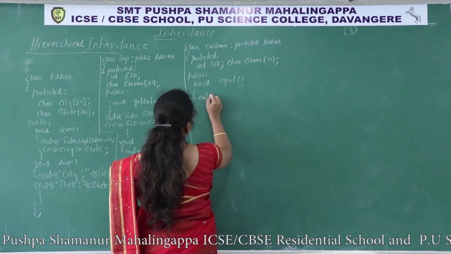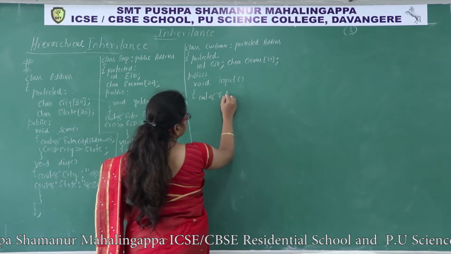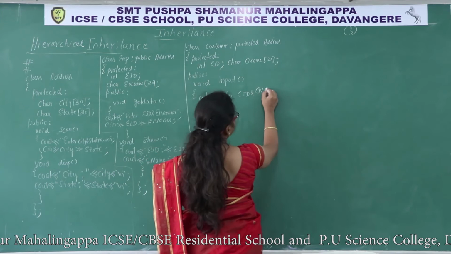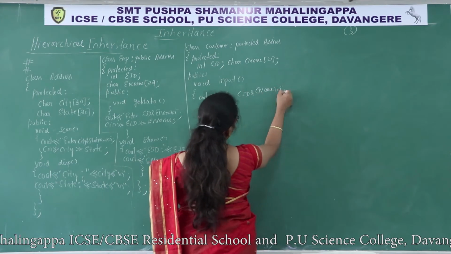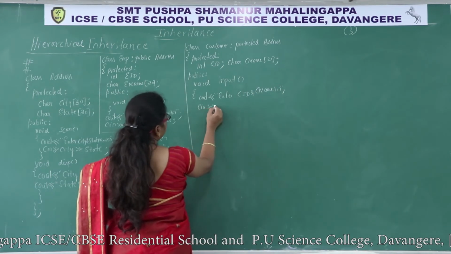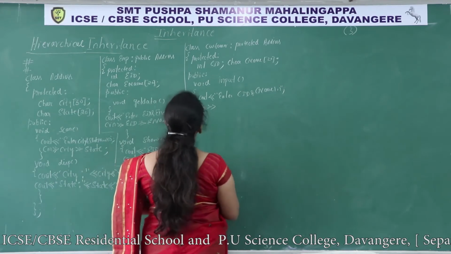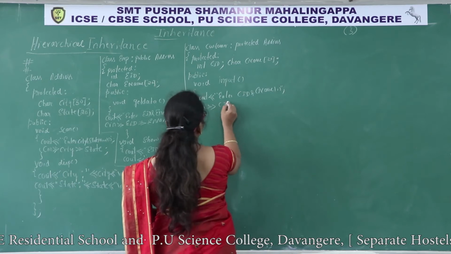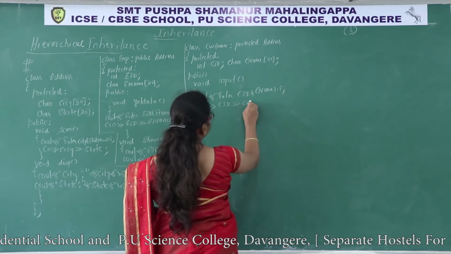Cout, enter CID, customer ID and customer name. Cin extraction CID, extraction CNAME.